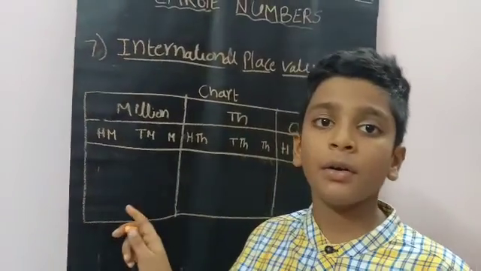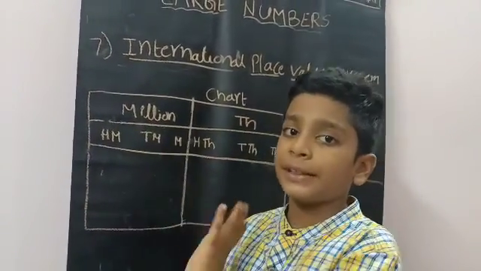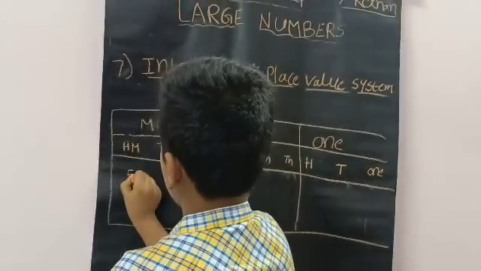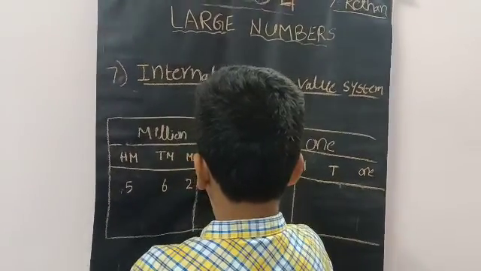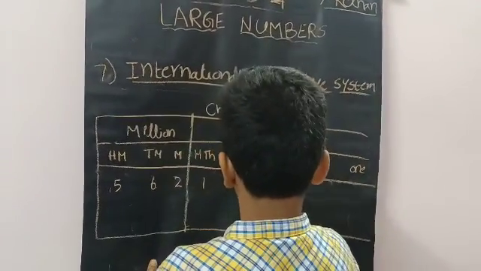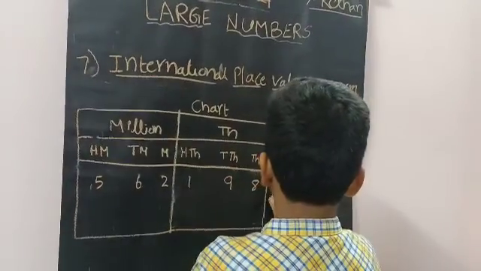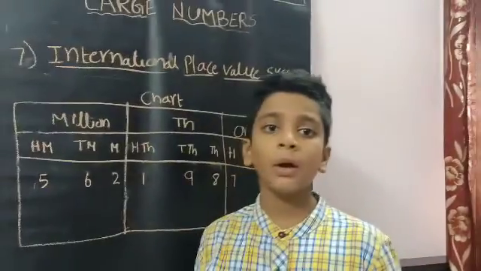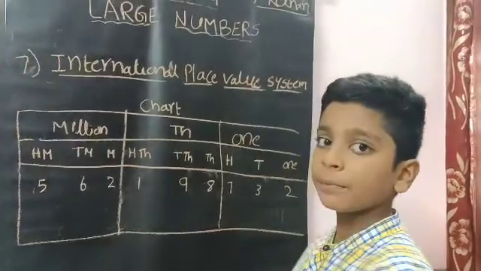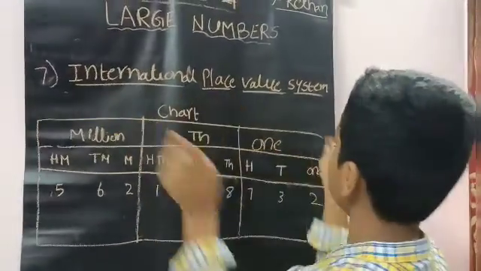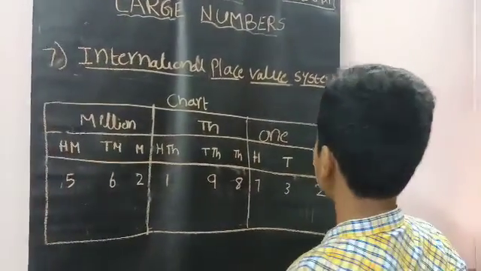First I'll write a number. For example, 5, 6, 1, 2, 3, 4, 5, 6, 7. Before discussing this example, I'll tell you about this international place value system chart.